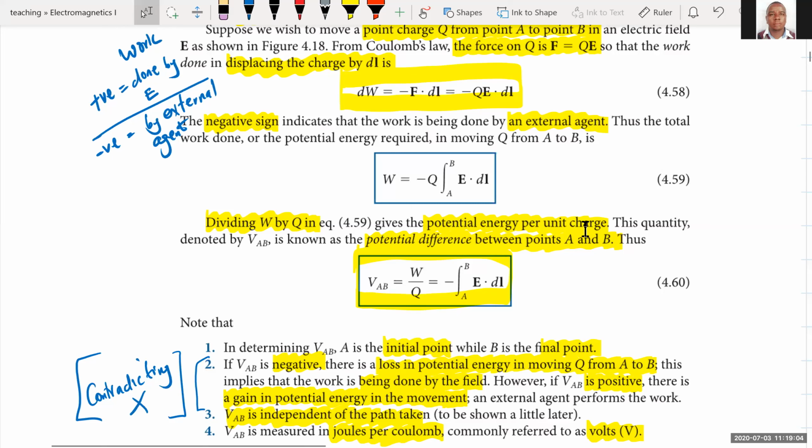So if you divide by Q, the Q goes, and then this is equivalent to V_AB, that is the potential at point A due to the field at point B, or originating from point B.